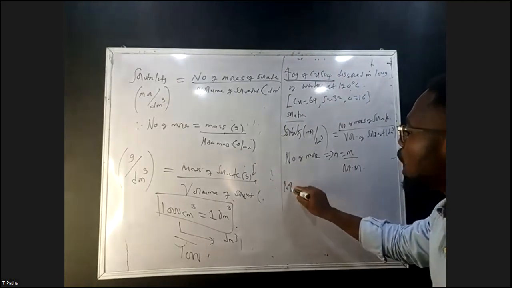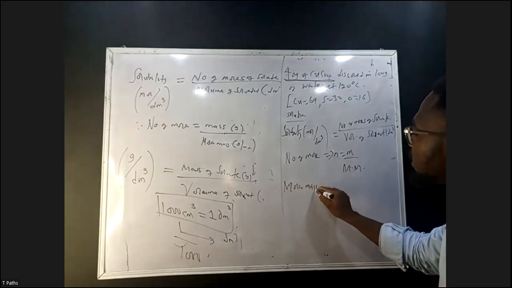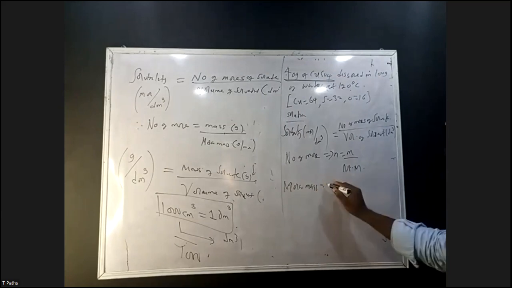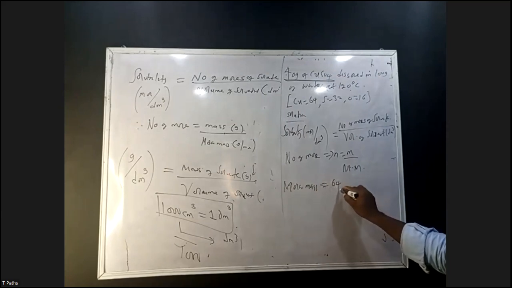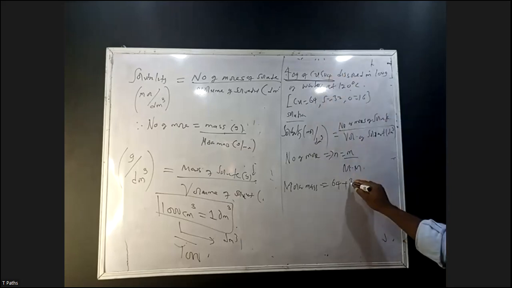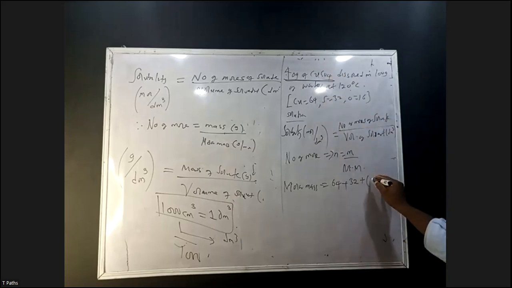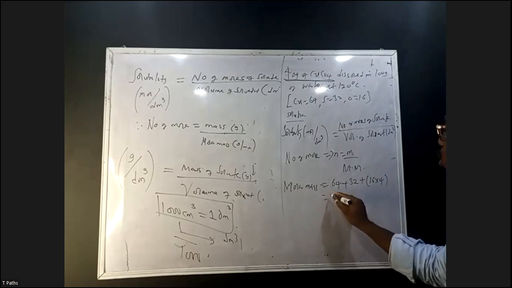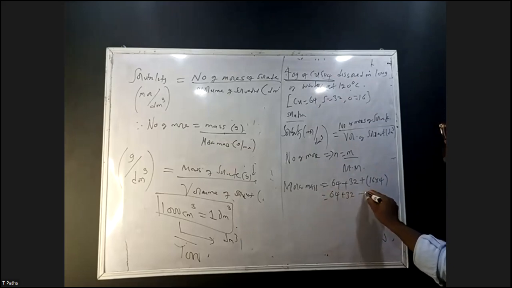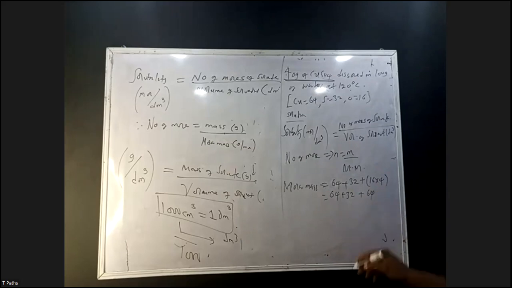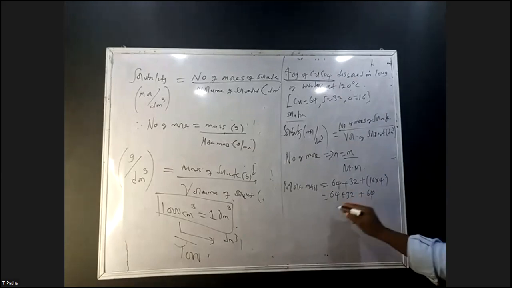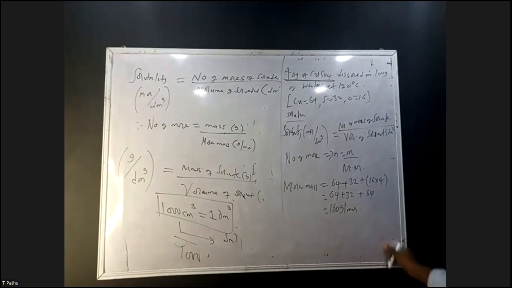The molar mass will be copper, 64, plus sulfur, 32, plus oxygen, 16 times 4, which is 64. When you add that together, that will give you 160 gram per mole. That's the unit of molar mass.